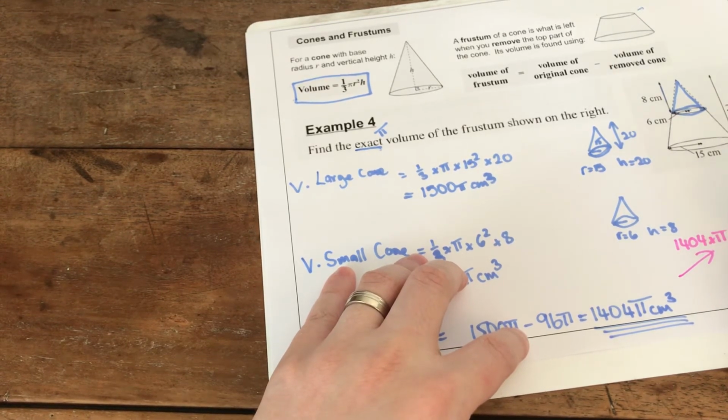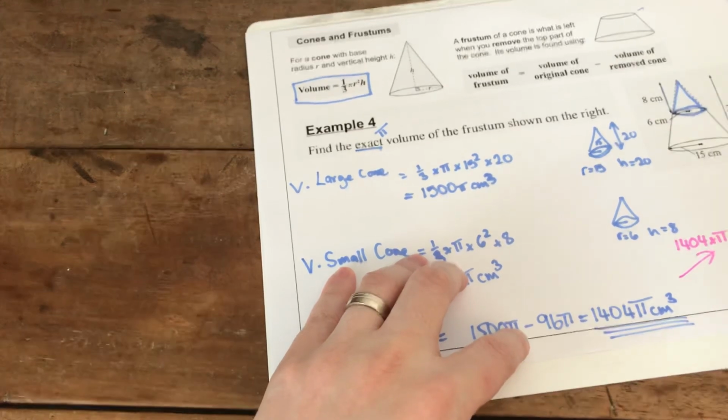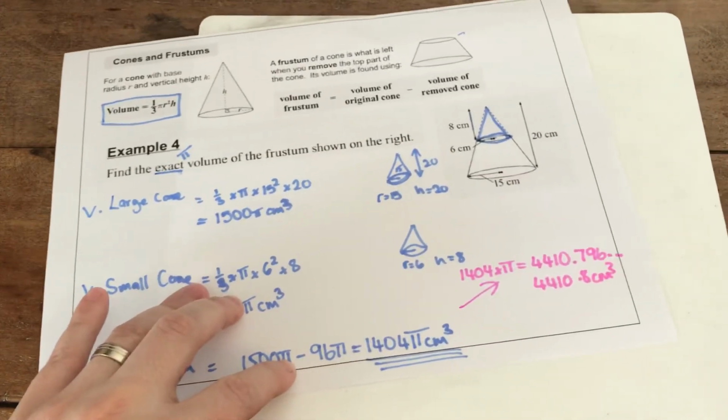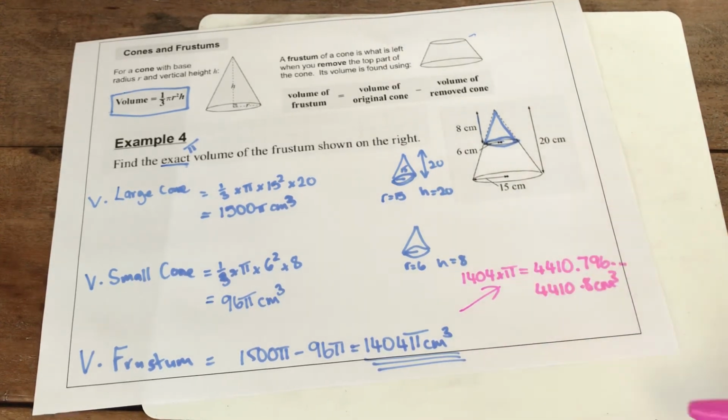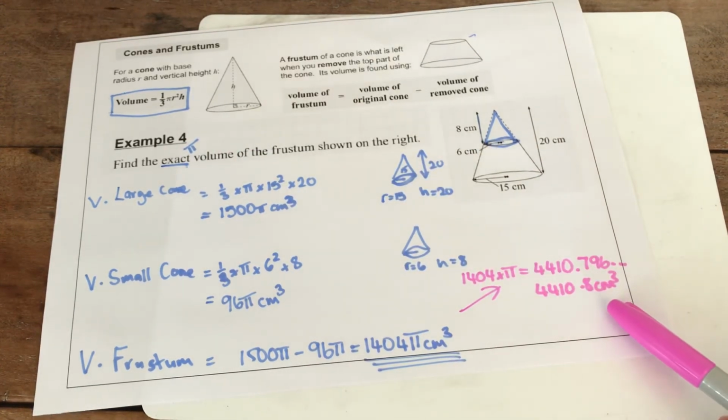So if you were asked to round that to one decimal place, the answer would be 4,410.8 centimetres cubed. But that's not what you're being asked to do in this question. You just may need to use that for the other questions on the other side of your Knowledge Organiser.